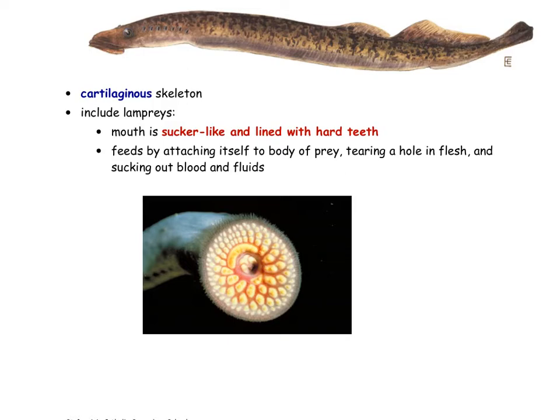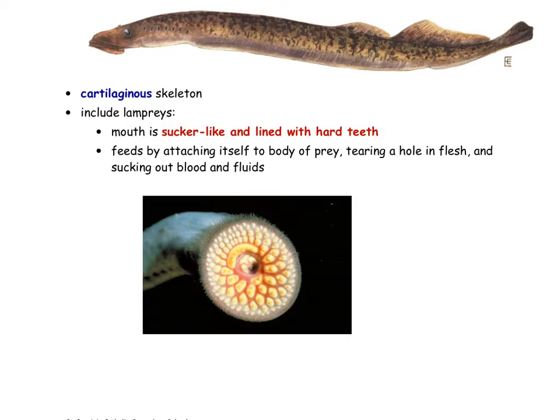I think, in fact, there's a display at Killbear Provincial Park, or it might possibly be Killarney, I'm not sure. But anyway, what the lamprey would essentially do with its sucker-like mouth and hard teeth is attach itself to another aquatic organism like the pickerel, and basically tear a big hole in it and suck out its blood and fluids, eventually either weakening the organism, leaving it open to disease, or simply killing it altogether.